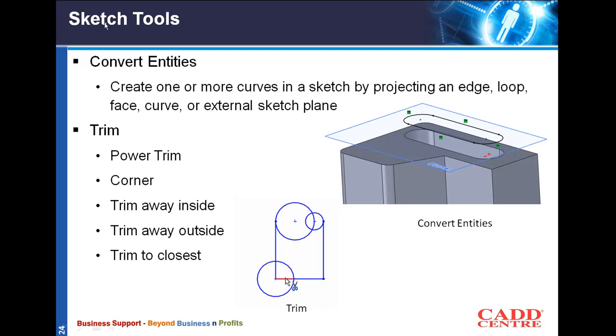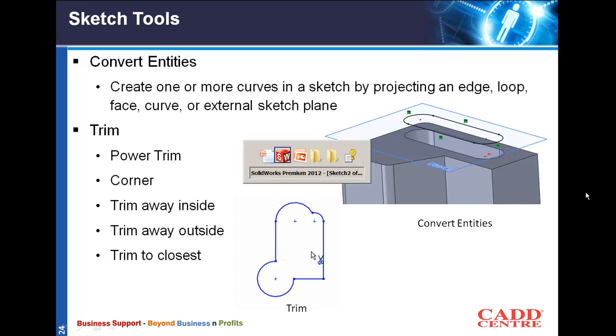You can use power trim, which can dynamically and randomly trim a number of sketches, and corner trim will give you an option to do both corner and extend. Trim away outside, trim to closest. And here you can see an example picture which will give you an overall view about trim to closest.